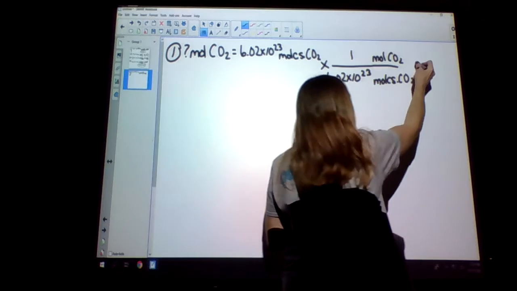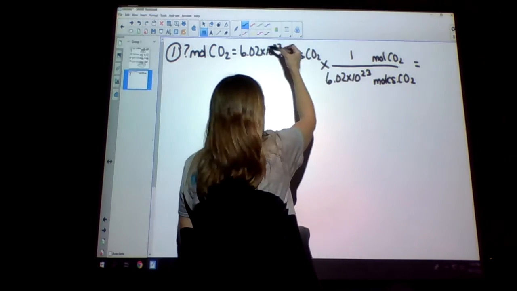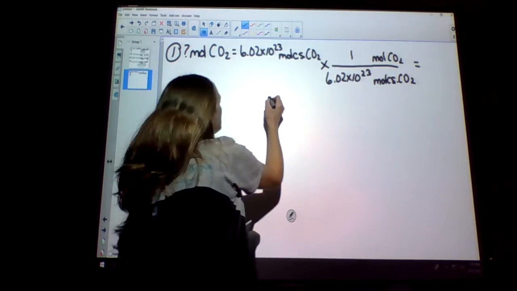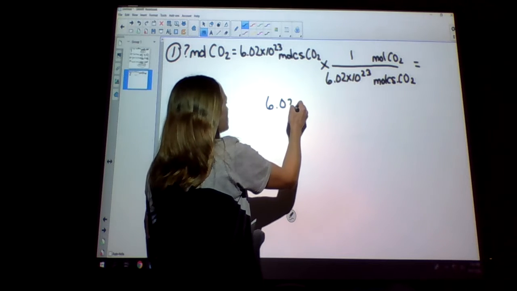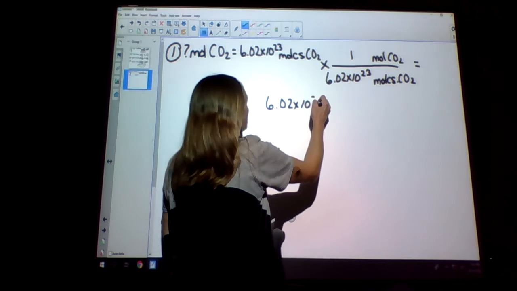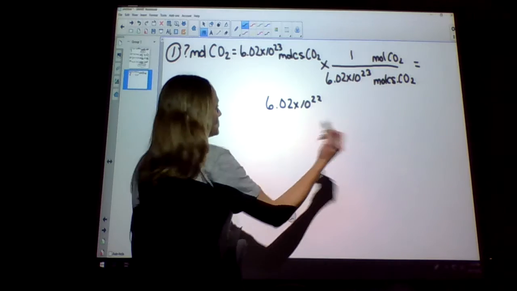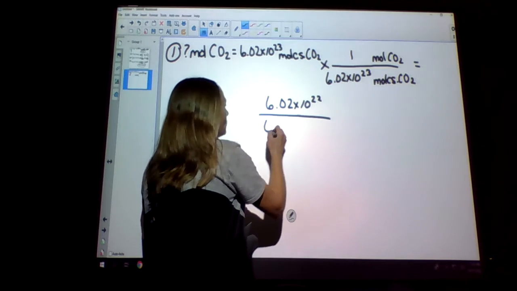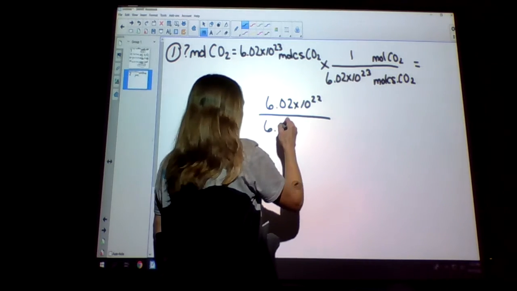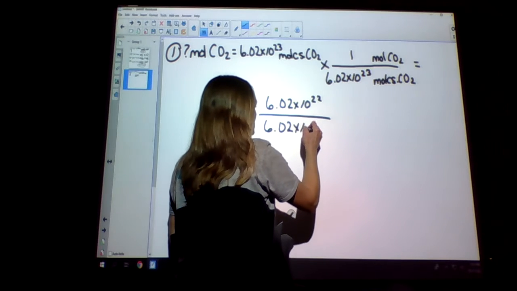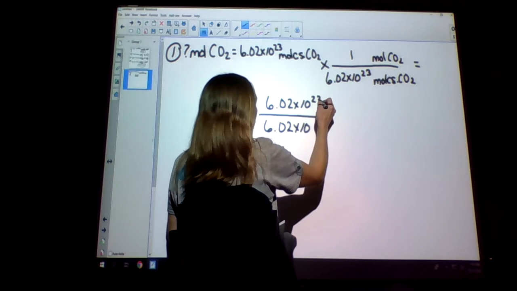So just like before, we would take our top numbers and multiply. So 6.02 times 10 to the 23rd times 1 is itself. And we carry over the number that's in the bottom, so that's 6.02 times 10 to the 23rd.